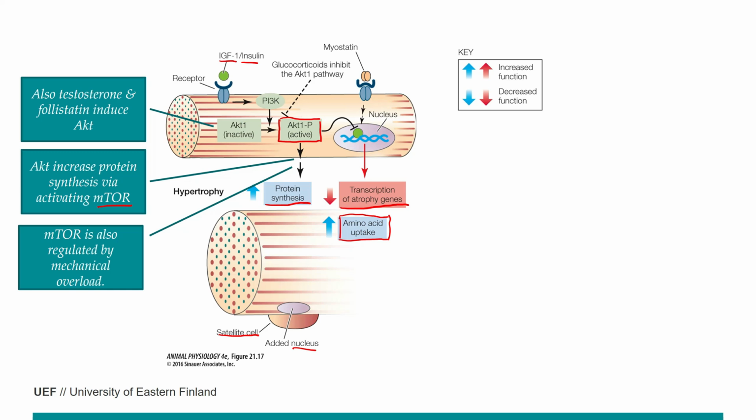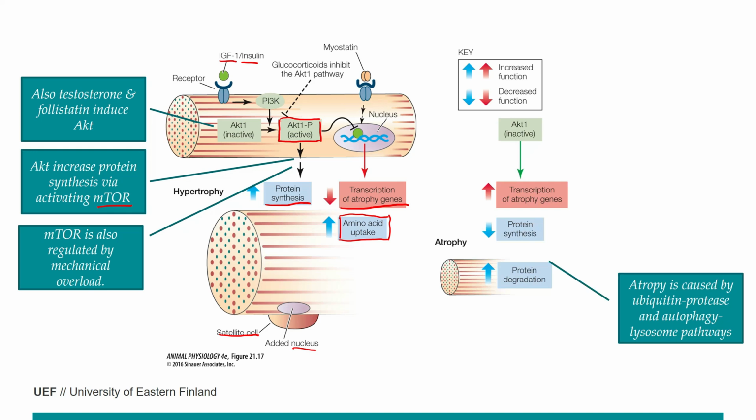Okay, but then when you are having atrophy, AKT1 is not working, then there is transcription of these atrophy genes, less protein synthesis, more protein degradation. This protein degradation is done with the ubiquitin protease and autophagy lysosome pathways.